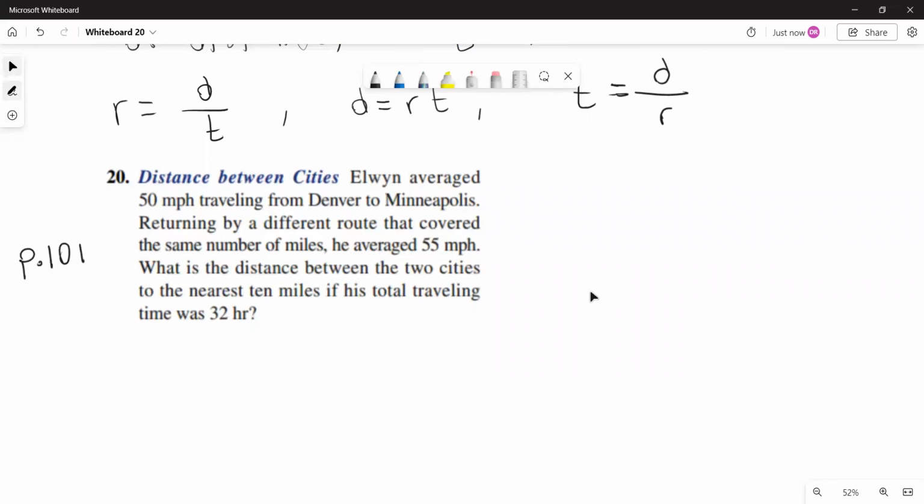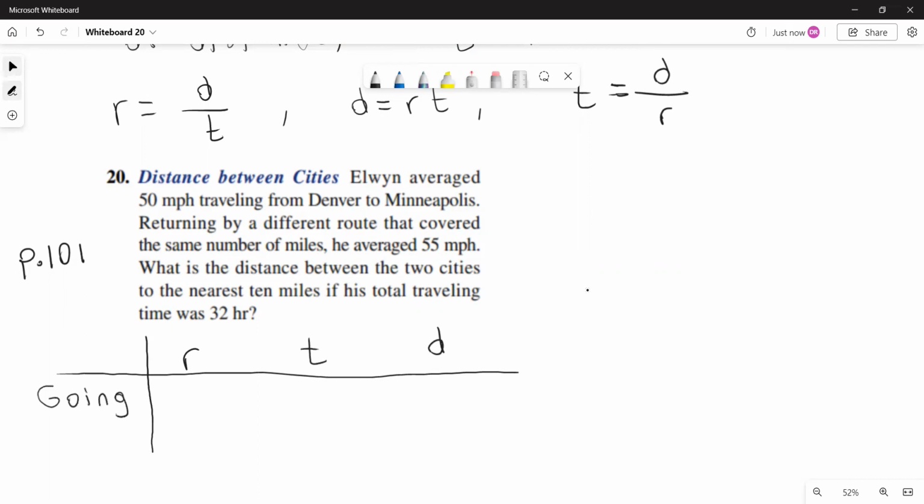Okay, so the book has this table for the going and for the returning trip. So you need 3 variables: the velocity, the time, and the distance. So on the going trip, Elwin averaged 50 miles per hour.